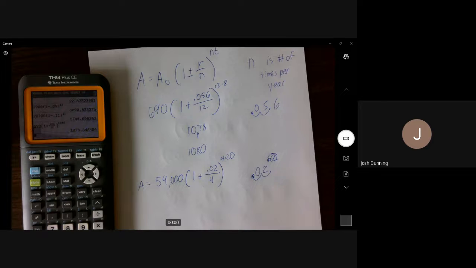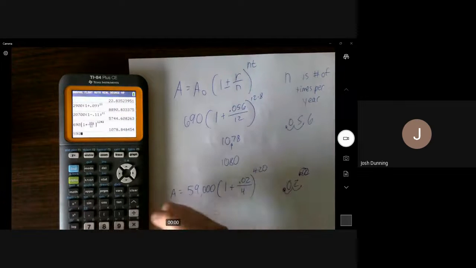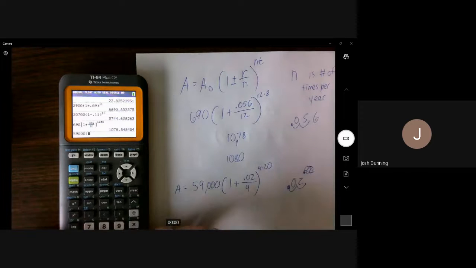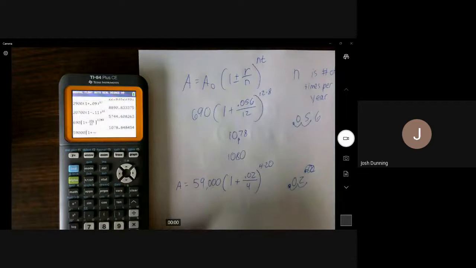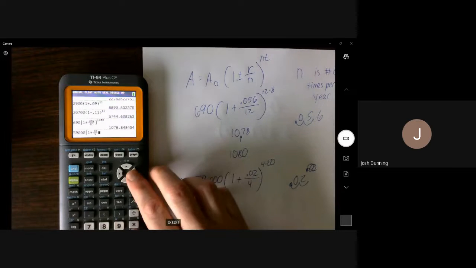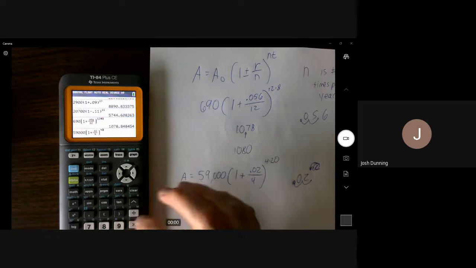If you know that's 80, when you type this in, just type 80 in. So we got $59,000 times 1 plus 0.02 all over 4, get out of those parentheses, raise it to the 4 times 20 power.